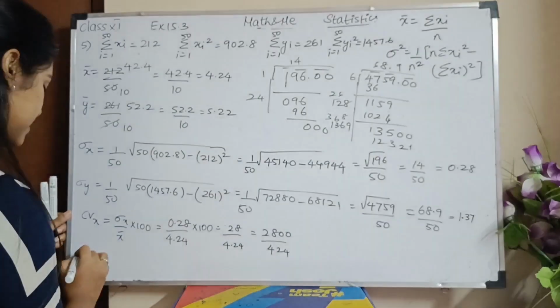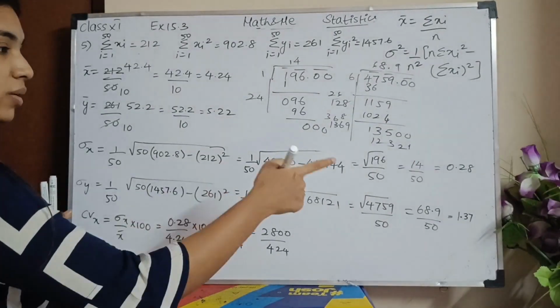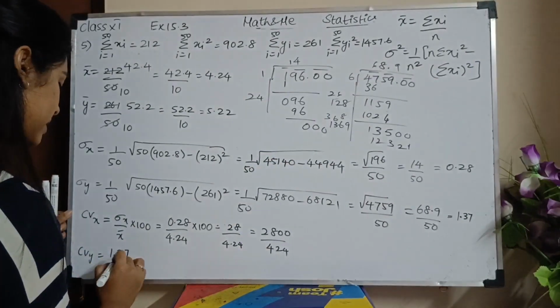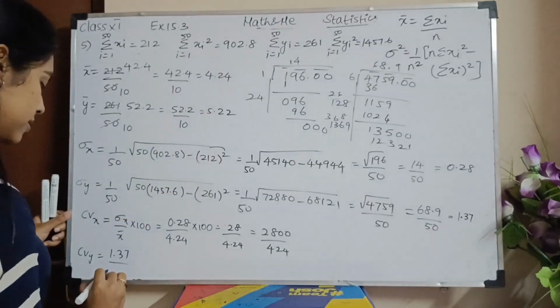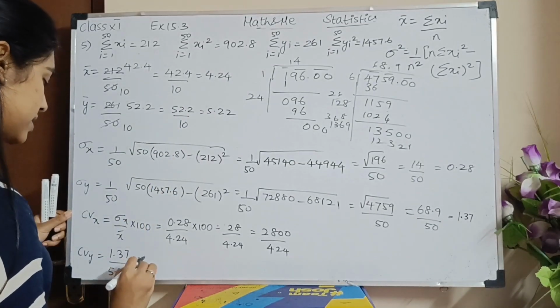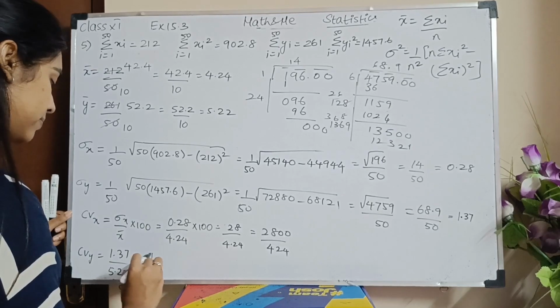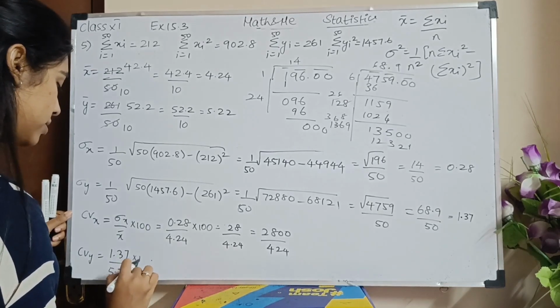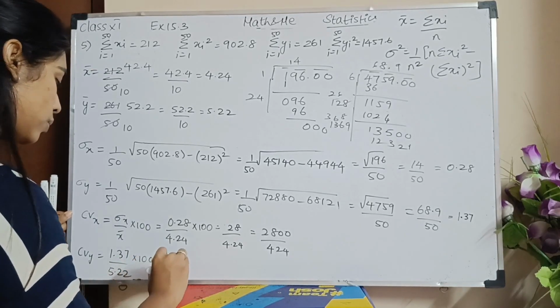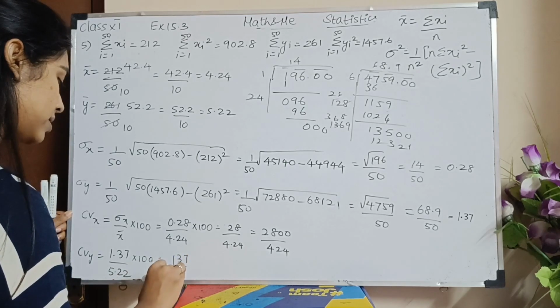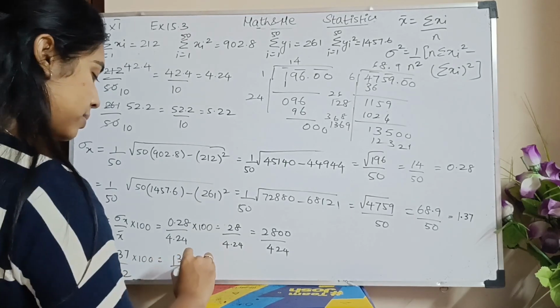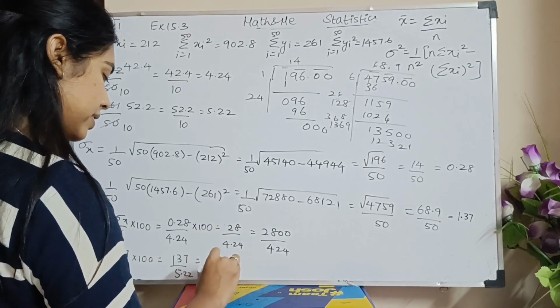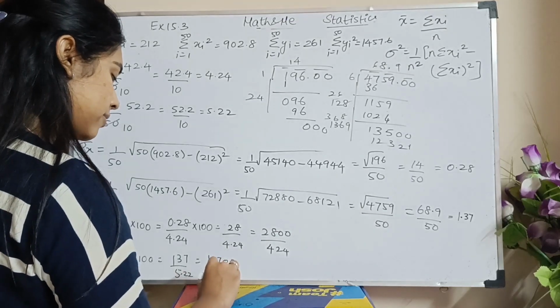So this is CVX. And what is my CVY? Sigma y, which is 1.37, divided by y bar, 5.22, times 100. I have 137 divided by 5.22. Again, into 100, I'll have 13700 divided by 522.